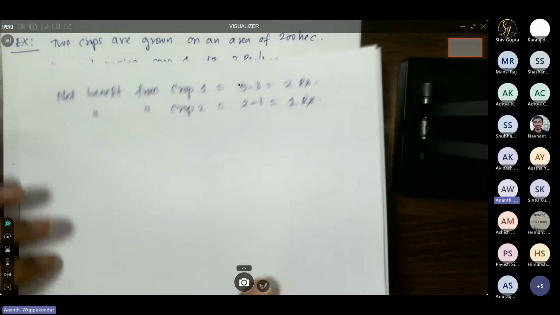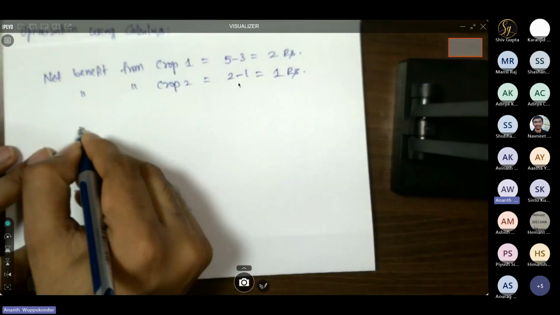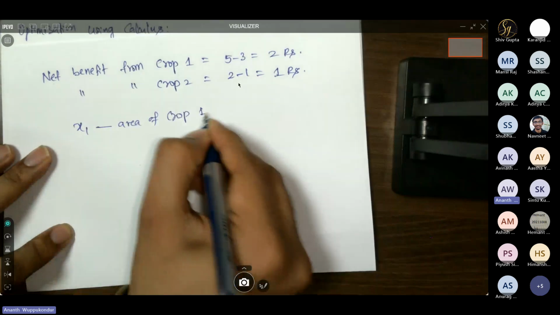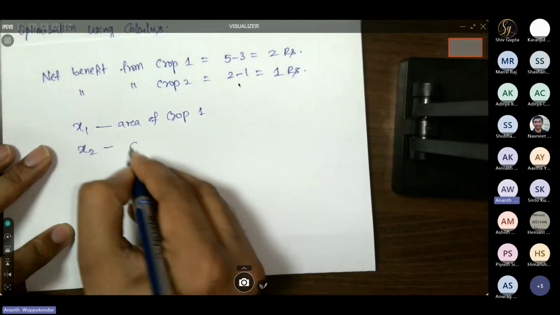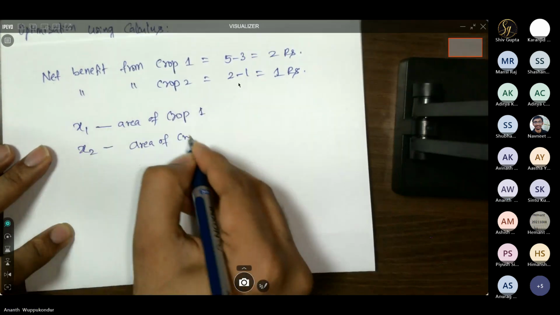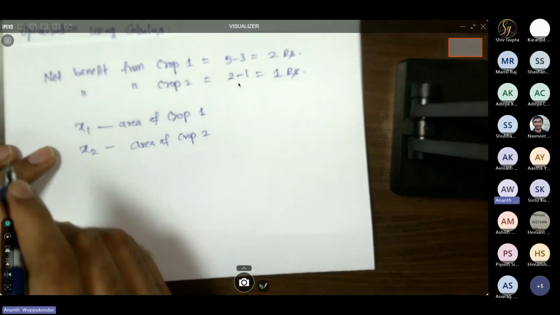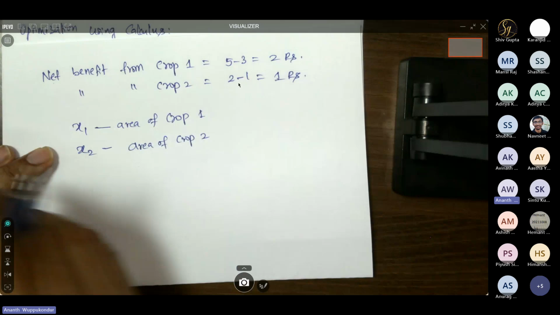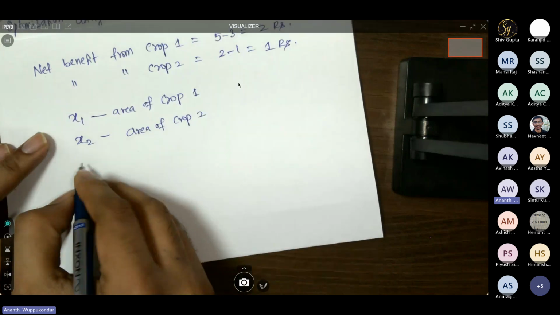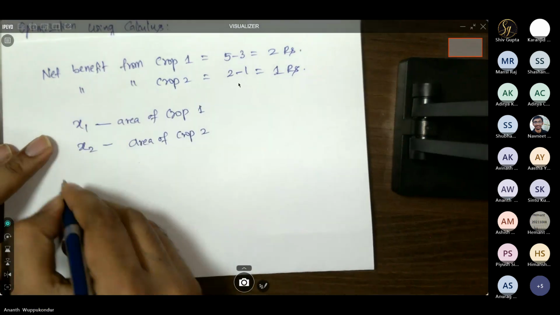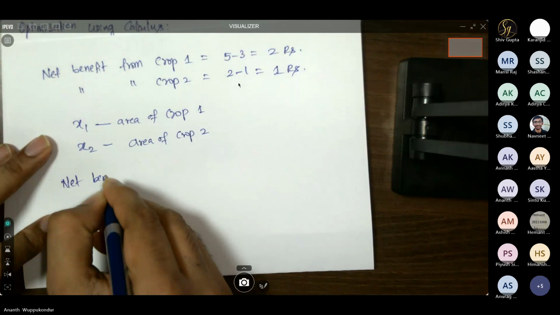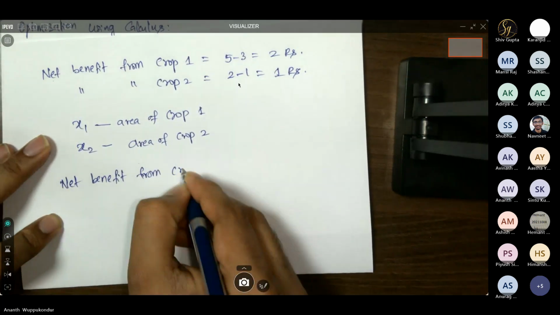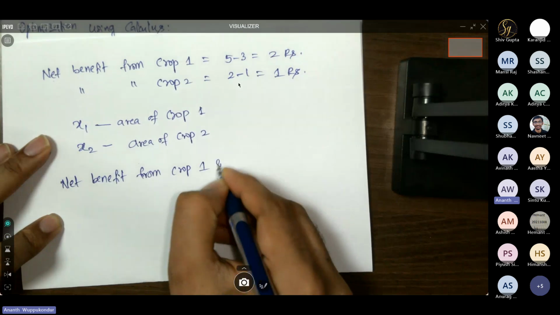Now we have two variables: x1, the area of crop 1 that we need to find out, and x2, the area of crop 2 that we need to find out. The benefit that we want to optimize is the net benefit, so the combined benefit from crop 1 and 2.